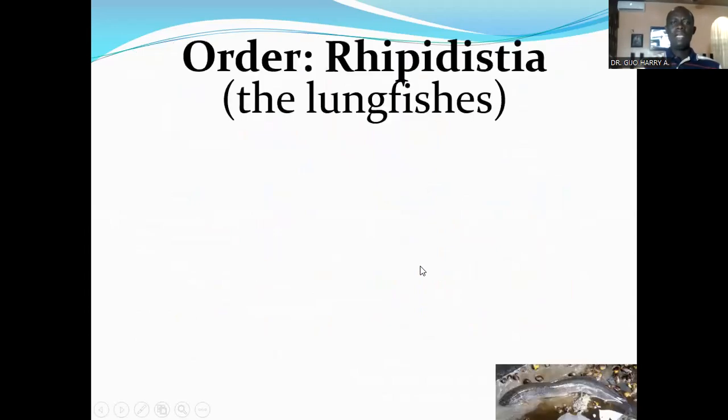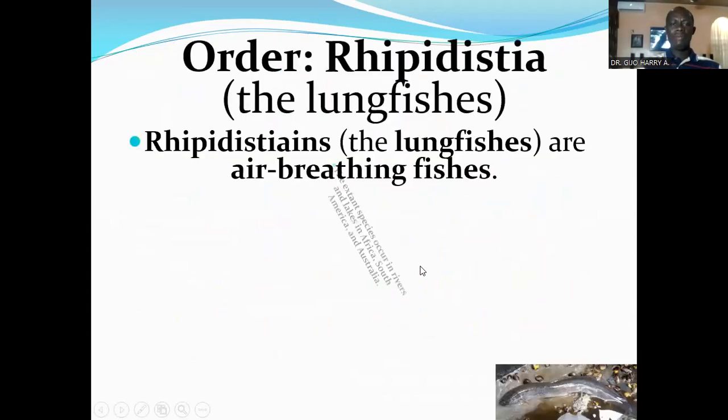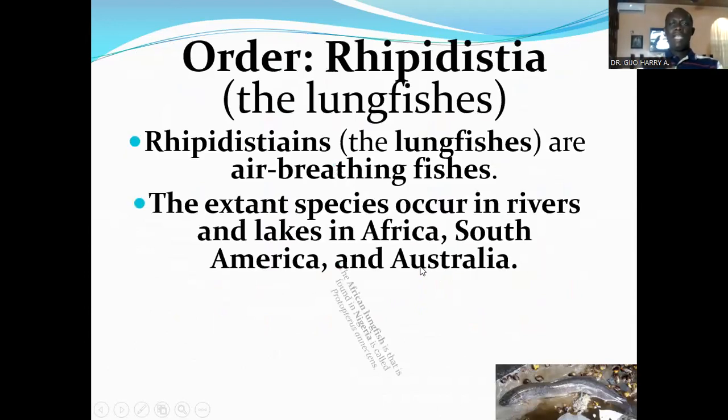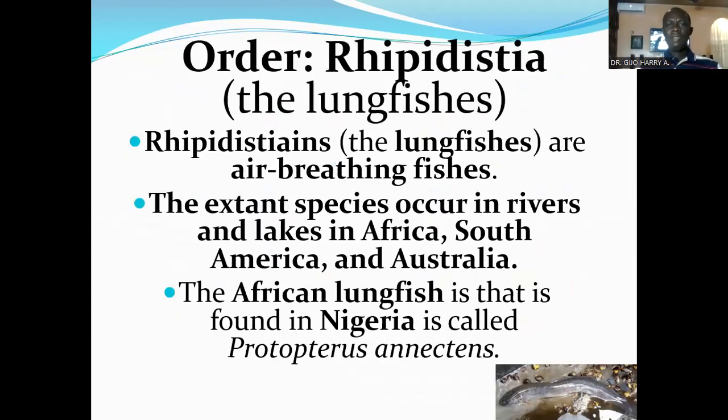The next order I want to talk about is the order Rhipidistia, which has the lungfishes. Rhipidistians or lungfishes are air-breathing fishes. The extant species occur in rivers and lakes in Africa, South America, and Australia. The African lungfish that is found in Nigeria is called Protopterus annectens.